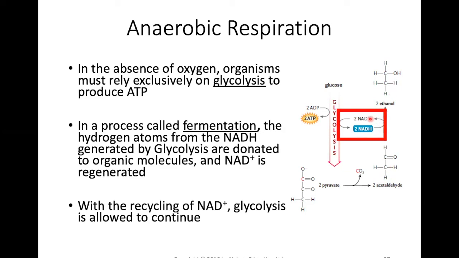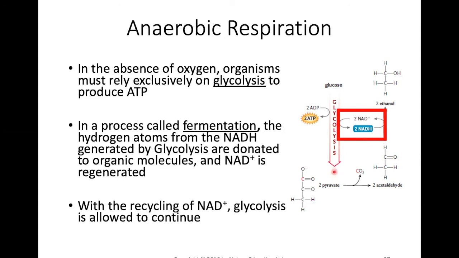This process of 2 pyruvate being converted to 2 acetaldehyde, one of the carbons then is given off in the form of CO2. And so this allows for the continuous recycling of NAD+, and this is the key point here.